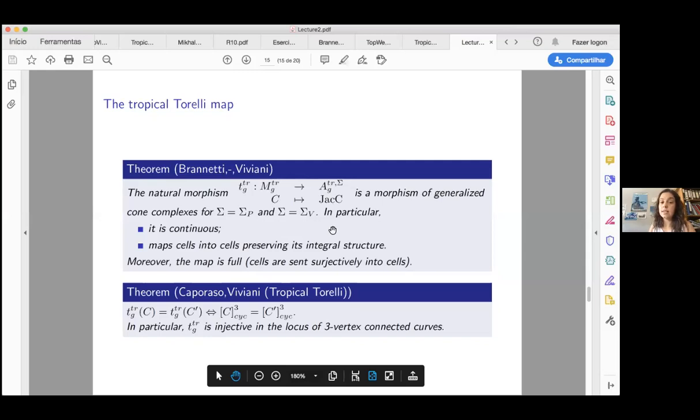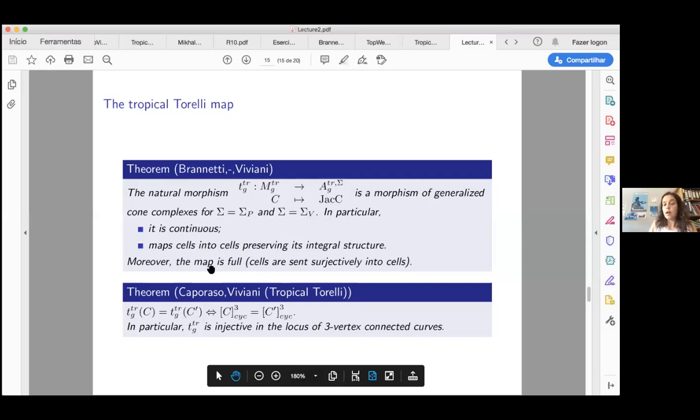This is the case for both the perfect cone and the second Voronoi decomposition. In particular, this map is continuous, where the topology is the generalized cone complex topology that I defined last time for M_g tropical, and the one associated to the decomposition Sigma that you are prescribing in each situation. It maps cells into cells, preserving the integral structure, which is part of the statement.